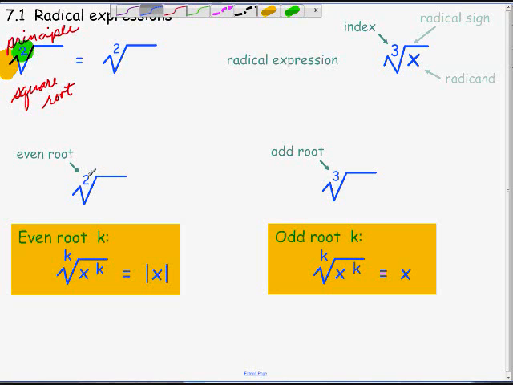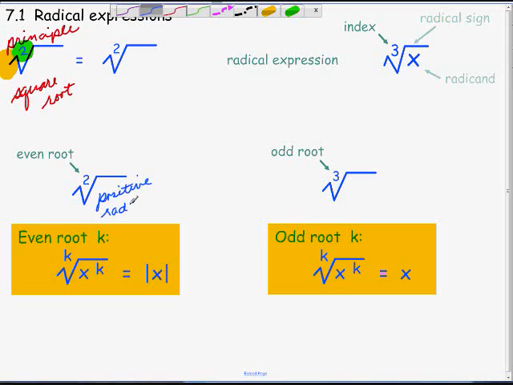It's an even root. When we have an even root, we run into this situation here, that if we raise x to that power and then take the even root of it, we have to say the absolute value of x is a result. Even roots can only have positive radicands.